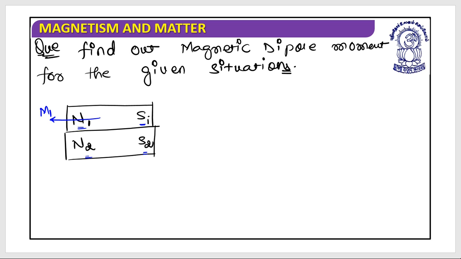This could be written as M1 from south to north, and for this it is again from south to north. This is M2. So M net would be M1 plus M2, and this total would be in negative i cap.